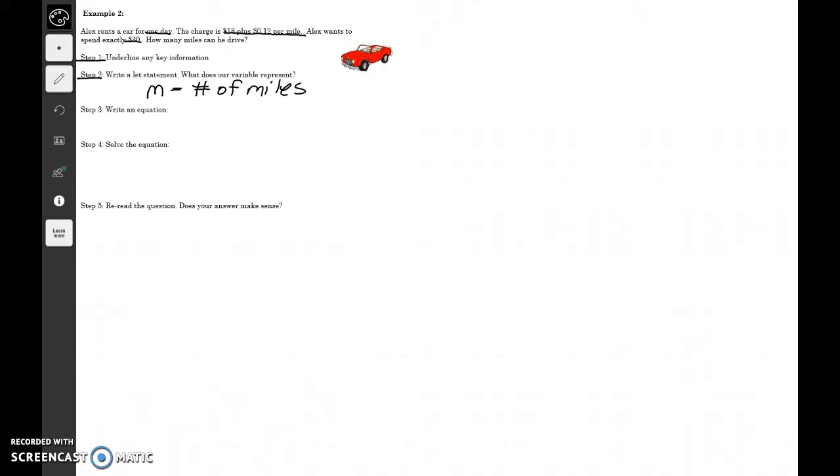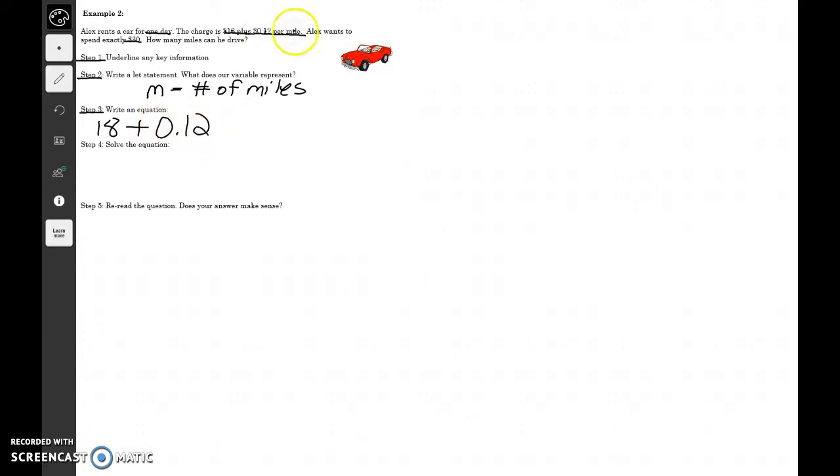All right, so after we know what the variable represents, we're then going to go to step 3, which is write an equation. So in this problem, it kind of told us what the equation was. We have 18 plus 12 cents per mile.